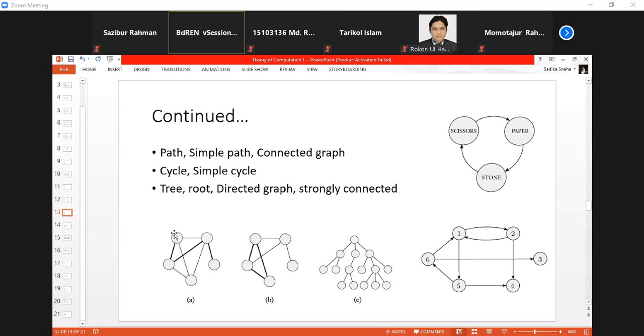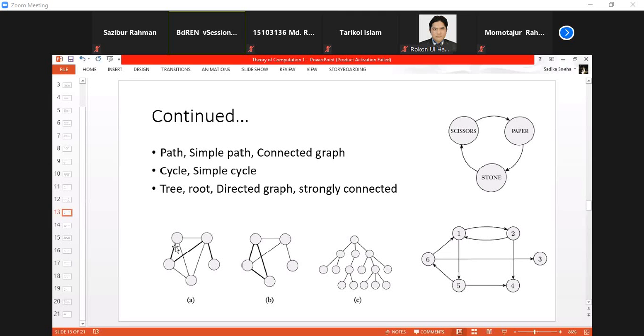Now, while we are talking about cycle, if the starting node and ending node of a path is same, then that is known as a cycle. Previously it was the starting node and ending node of an edge.